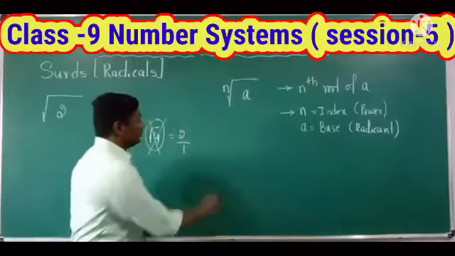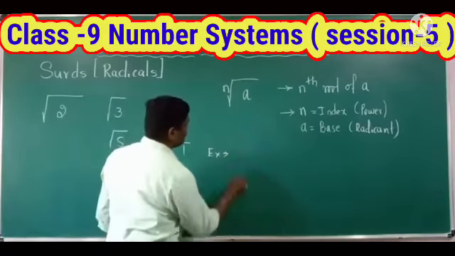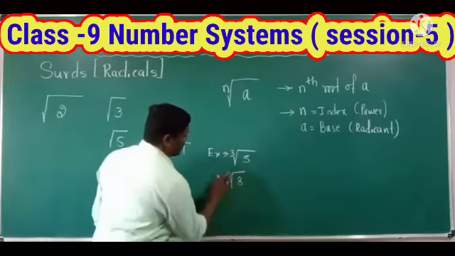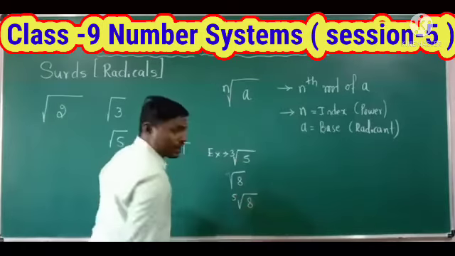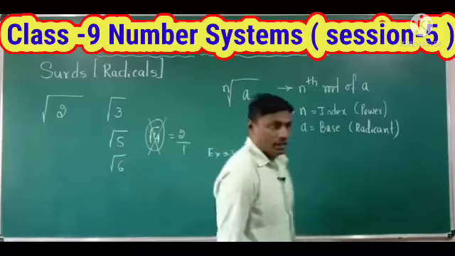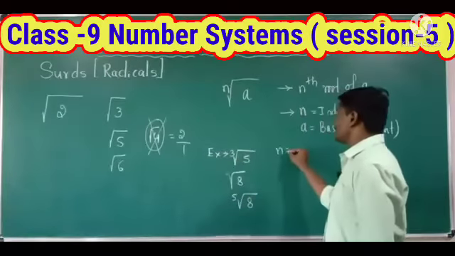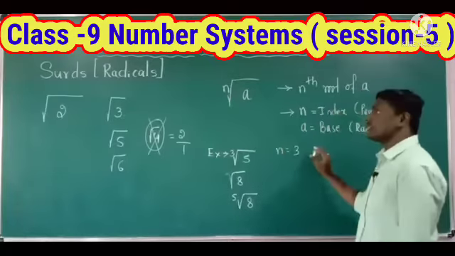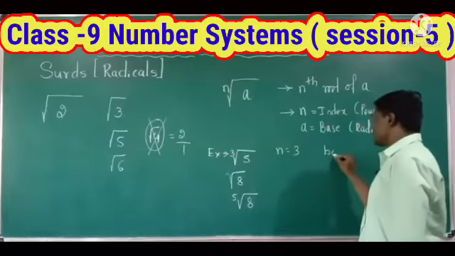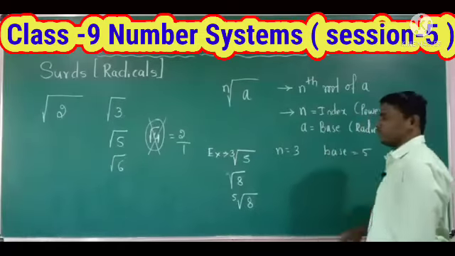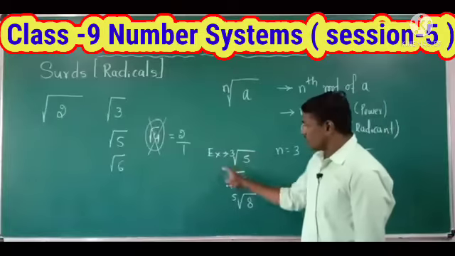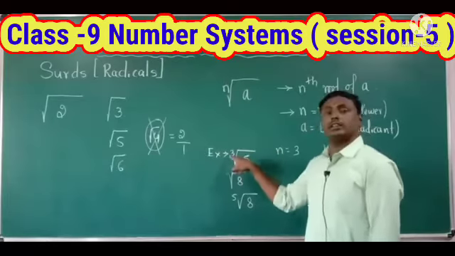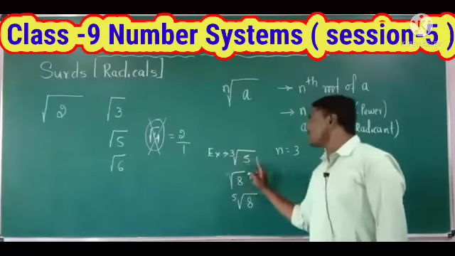For example, cube root of 5, square root of 8, fifth root of 8. Here n is equal to 3. It means the power of the surd or radical is 3, and the base is 5.